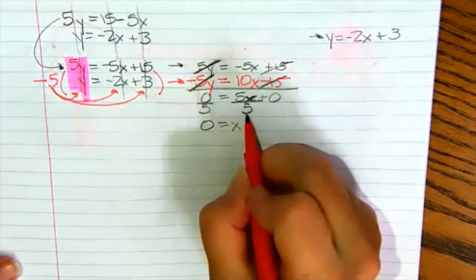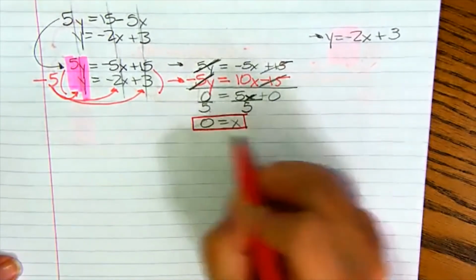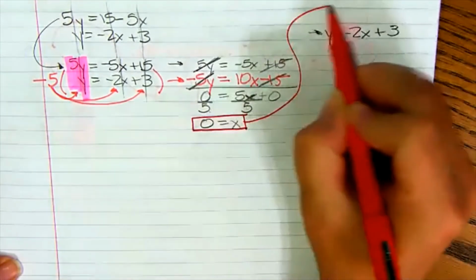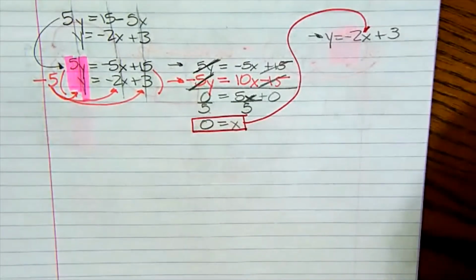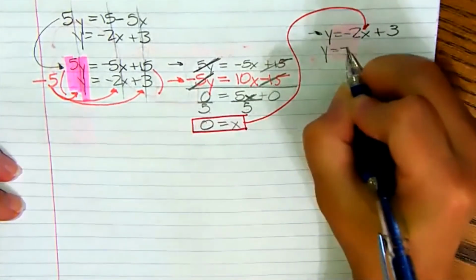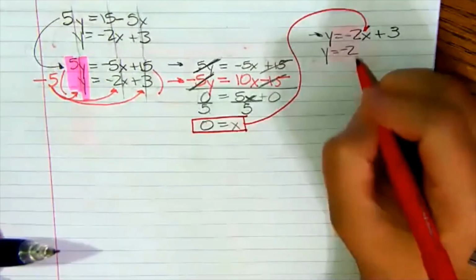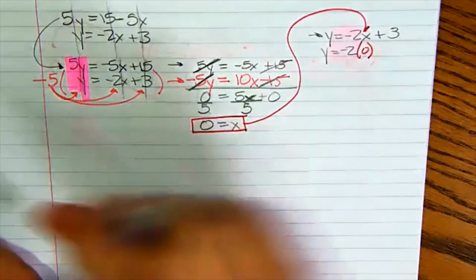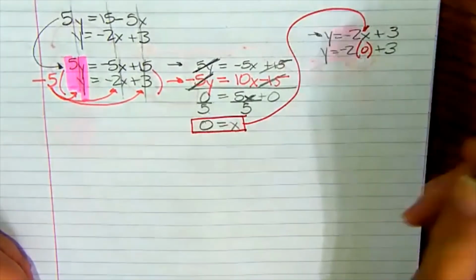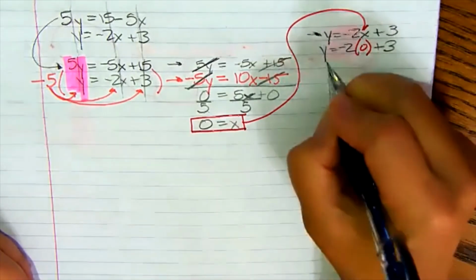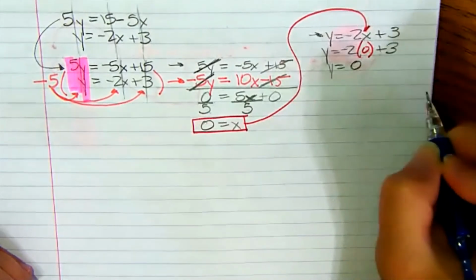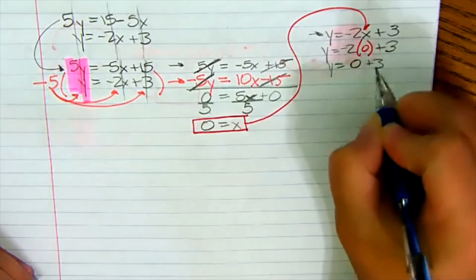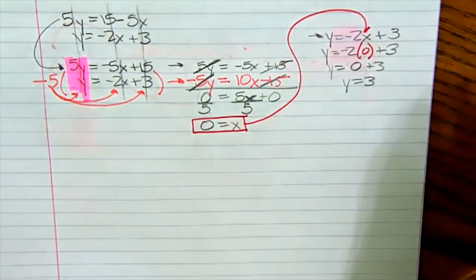Now, I am going to substitute that 0 for x. So y equals negative 2 times 0 plus 3. y equals negative 2 times 0 is 0 plus 3. y equals 3.